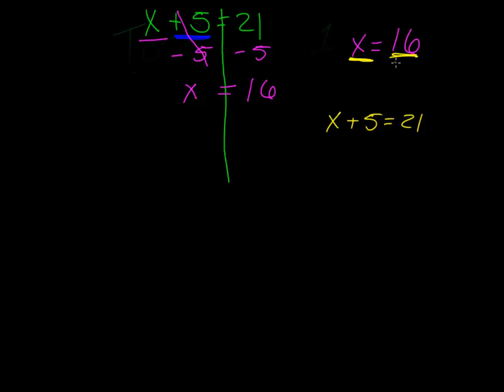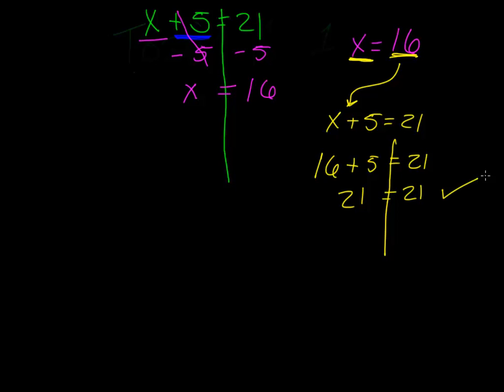We're going to substitute 16 right in here for the x. So now, substituting in, 16 plus 5 equals 21. Draw my line, do the arithmetic here. You're going to get 21 equals 21. That checked out. Step 1 is complete.